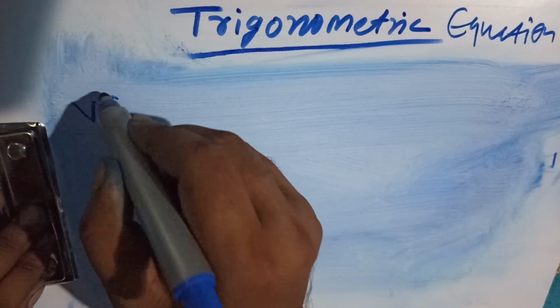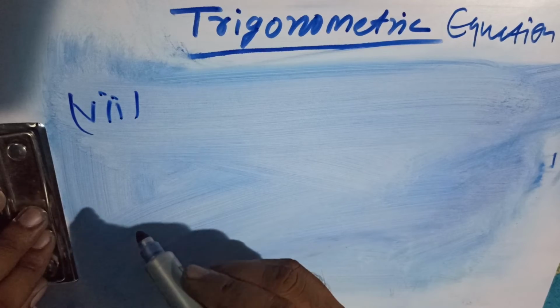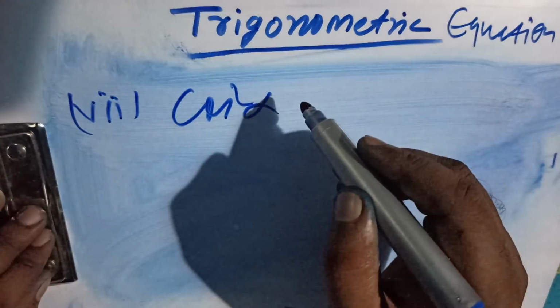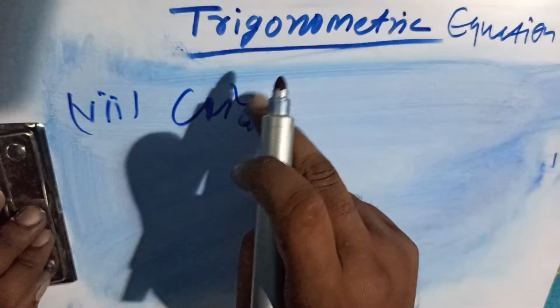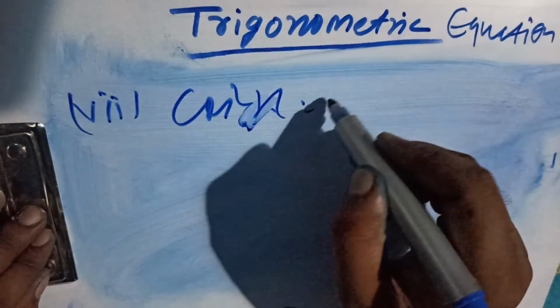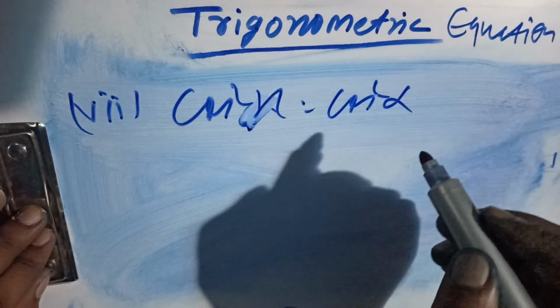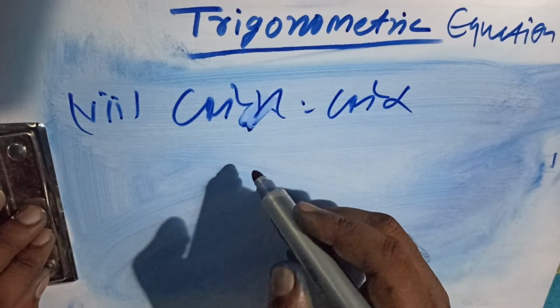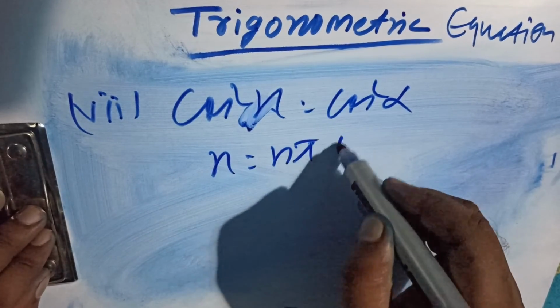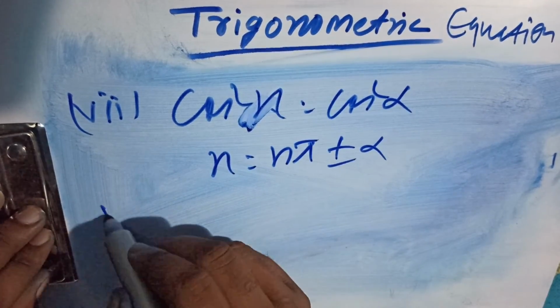Formula number 7, cos square x equal to cos square alpha, then the solution is x equal to n pi plus minus alpha.